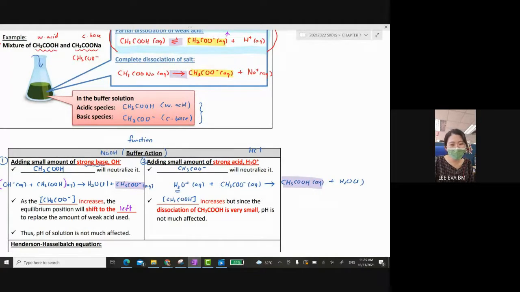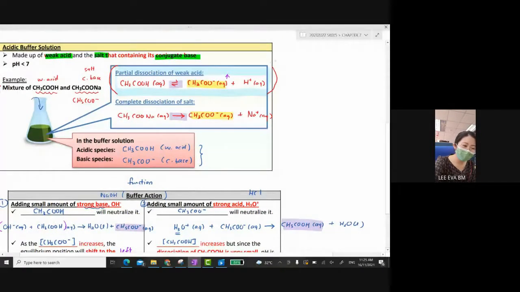Therefore, we will say that most of the acid remains as CH3COOH. Dia punya compound. Dia tak ada pecah jadi H+. Okay. So if we go back to the one that highlighted in blue color, we come back to this one again. Since the dissociation is very small, therefore your pH value will be maintained, or pH value will not be much affected.